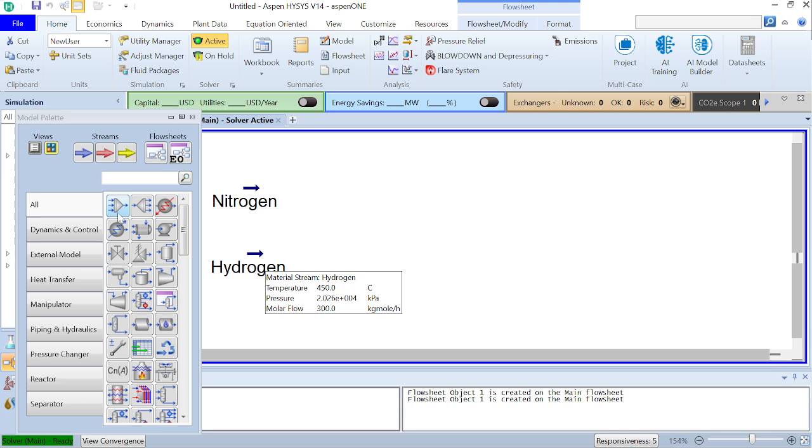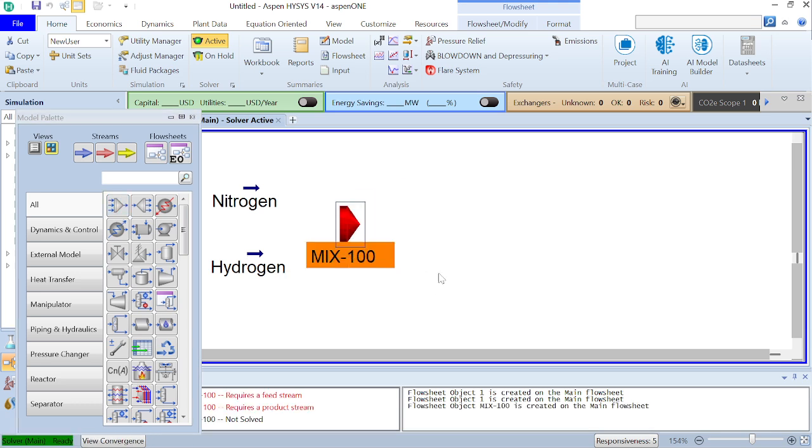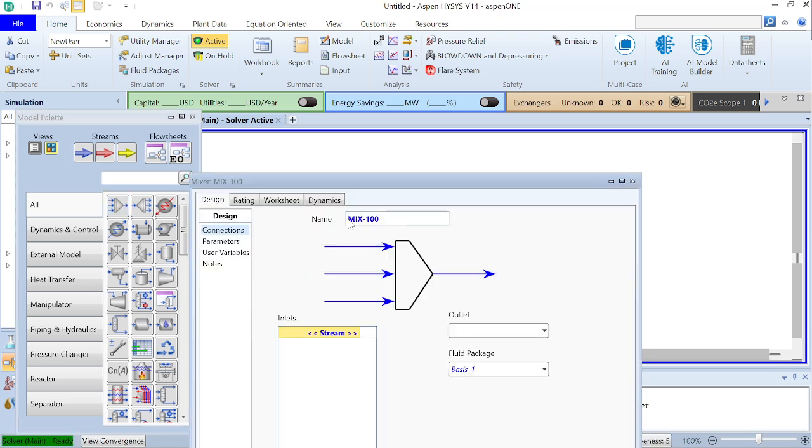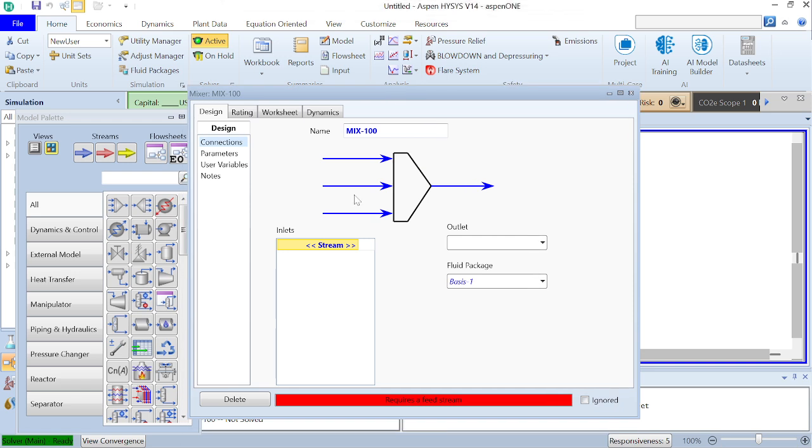Alright, so since both of them are going into the reactor, we're going to make use of the CSTR for this, a continuous stir tank reactor. So we have nitrogen first, hydrogen second, and then we put them to the CSTR.